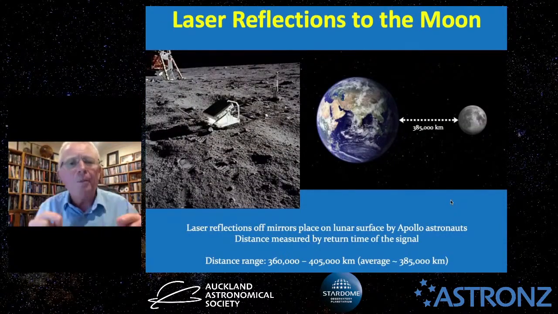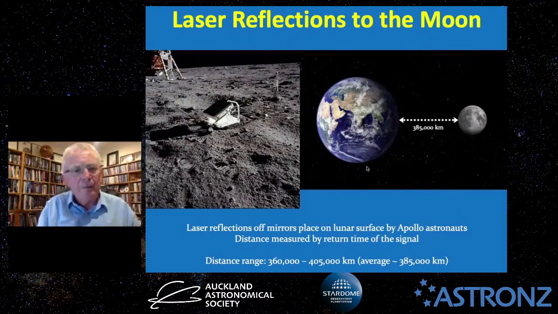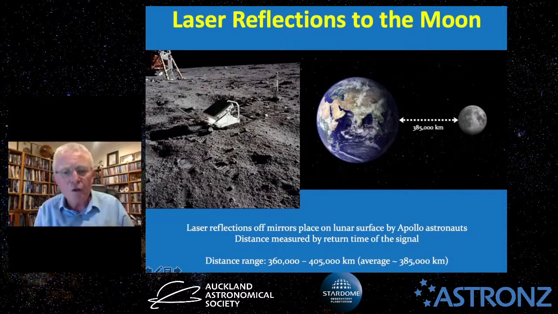One of the really cool things that the Apollo astronauts did in the late 60s and early 70s is they left these big mirrors on the lunar surface. You can see a picture of it here next to the lunar module. These mirrors were positioned on the moon facing back towards Earth.